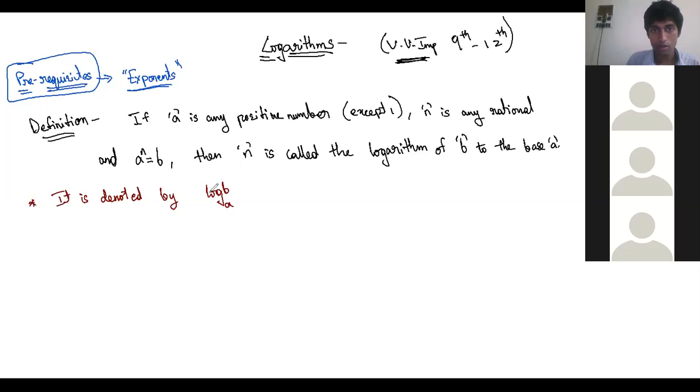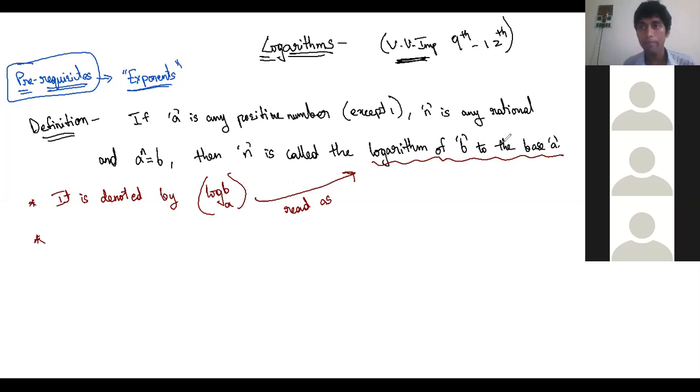This is denoted by this symbol, and it is read as follows. When you read this symbol, you have to read it as log b to the base a, or logarithm b to the base a.